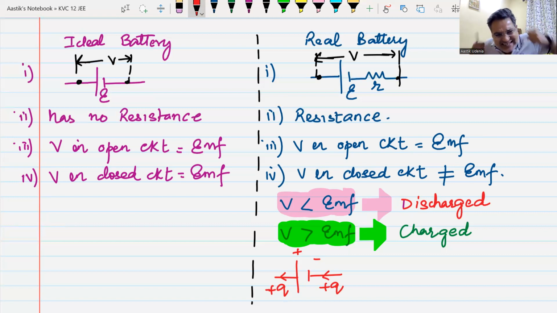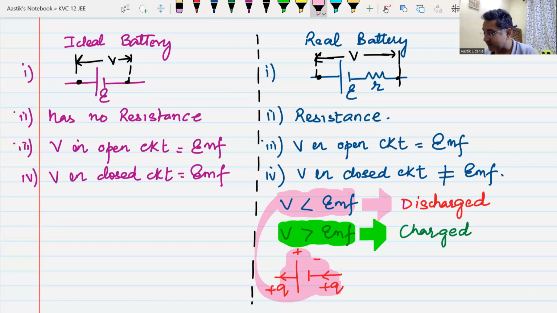That means the battery is doing work. That time the battery is getting discharged. Are you getting my point or is everyone getting confused? This is what we call discharging of a battery.